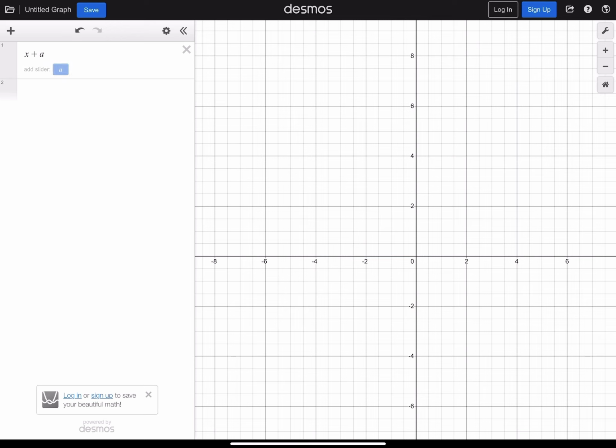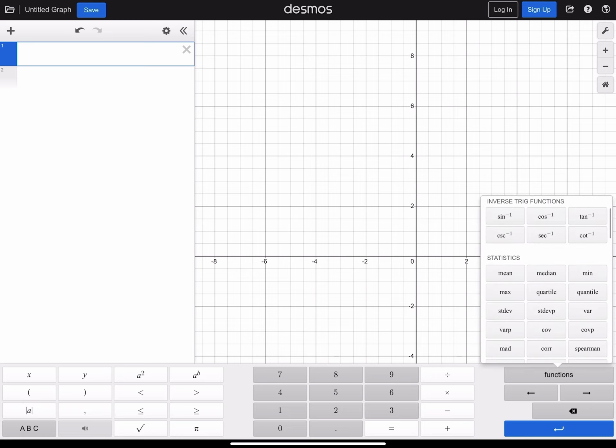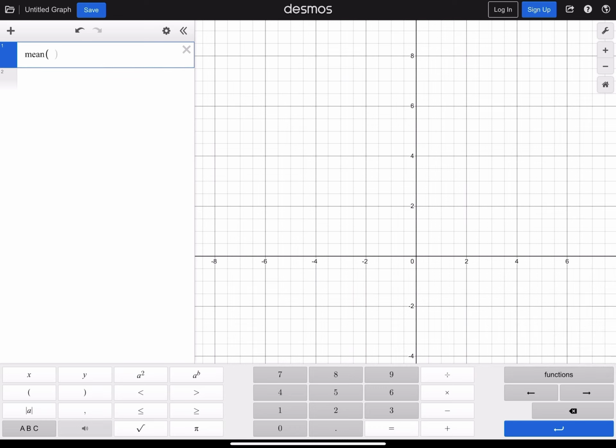A few other things that Desmos can do that are very helpful for us is they can also calculate mean, median, and standard deviation. So when you're taking this on a traditional computer, you can go over to the functions button there and find them within statistics. You could click mean, let's say, and you have to make sure those values are separated by commas. But there you go. You can find the mean of numbers.